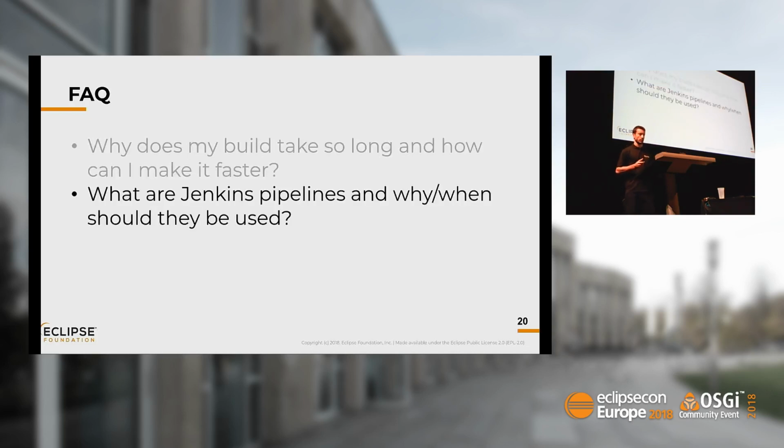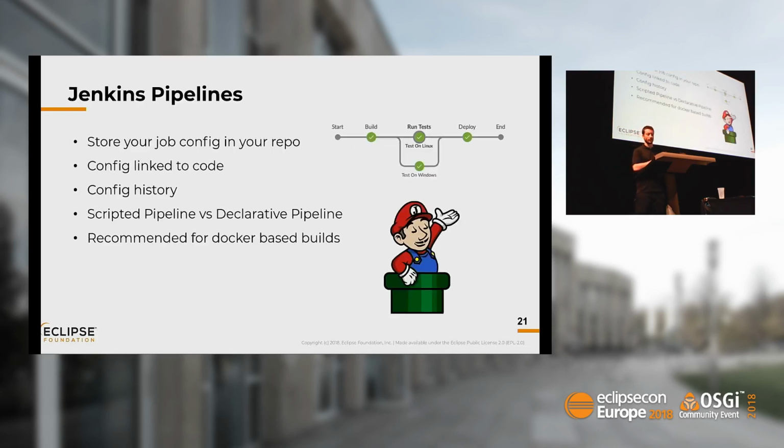Another important question that is often asked is, what are Jenkins pipelines, and why and when should they be used? Who of you has not heard of Jenkins pipelines before? Okay, that's good. So I could actually skip the next slide, even though I still will talk about it. Just to sum it up quickly, it basically allows you to store your job configuration in your repo, be it on GitHub or on Gerrit.